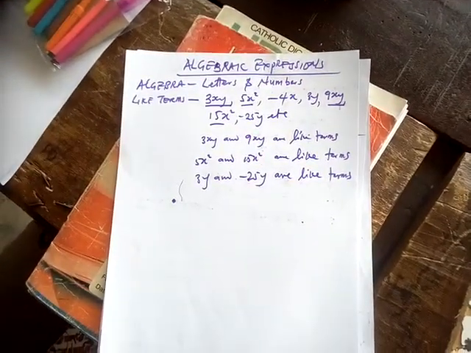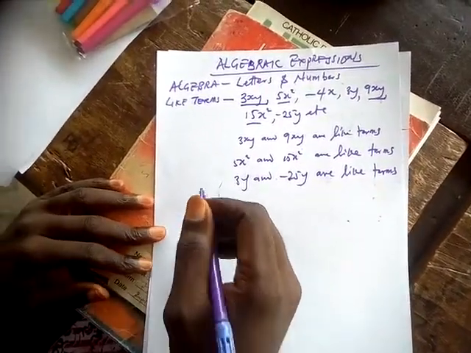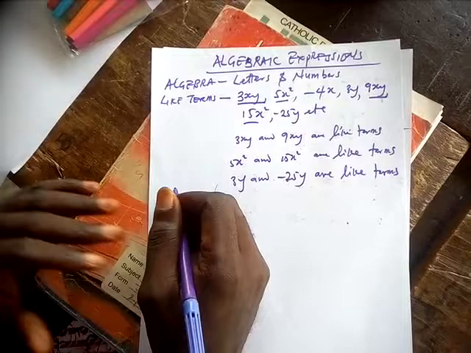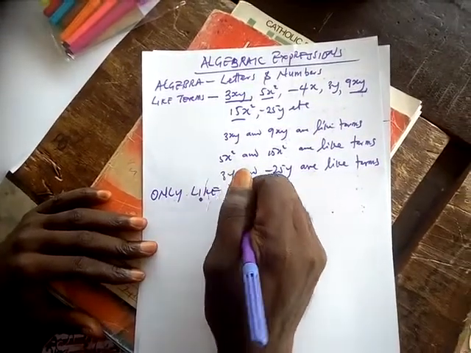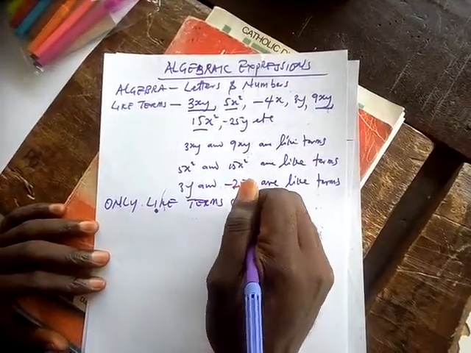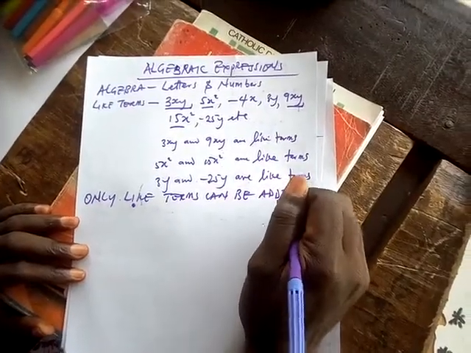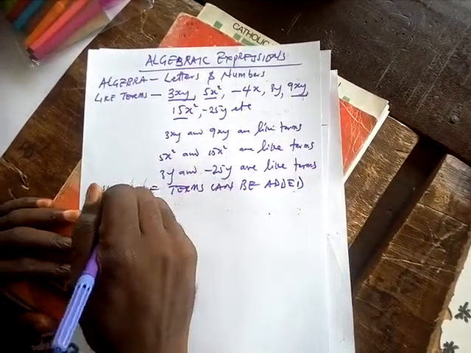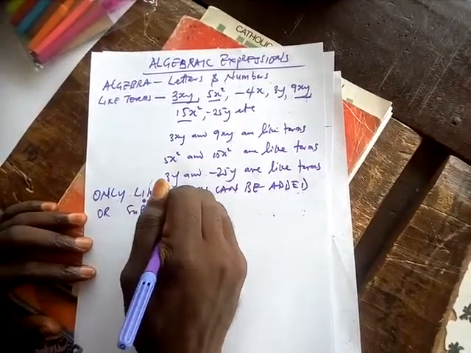Why are we bringing like terms? Because it is only like terms that can be added or subtracted. Only like terms can be added or subtracted.